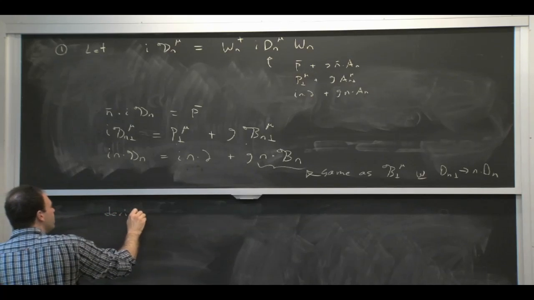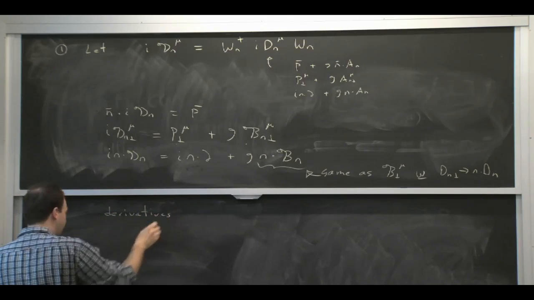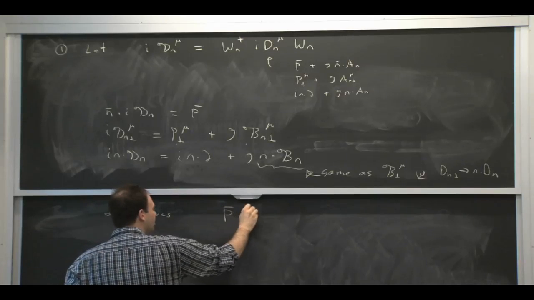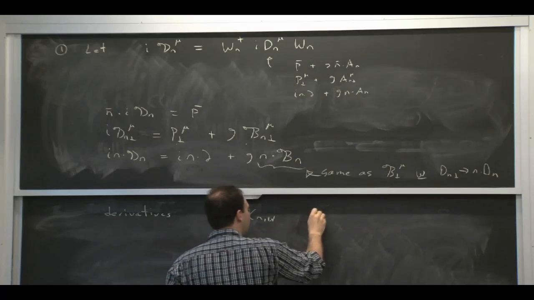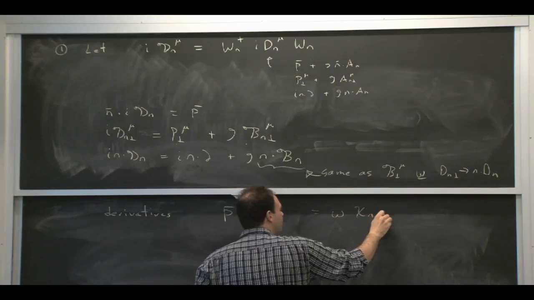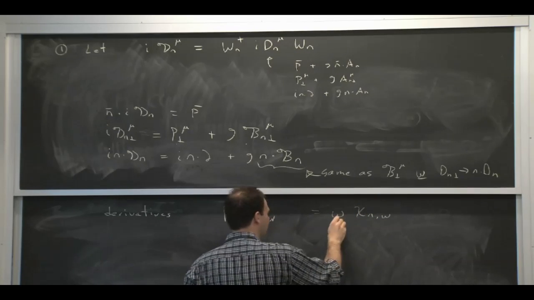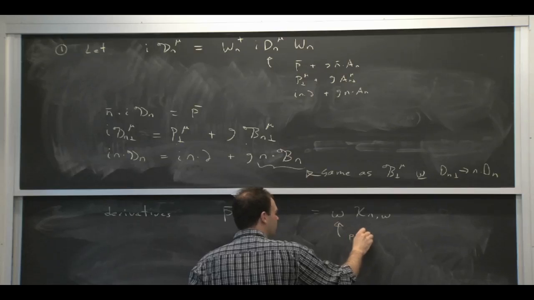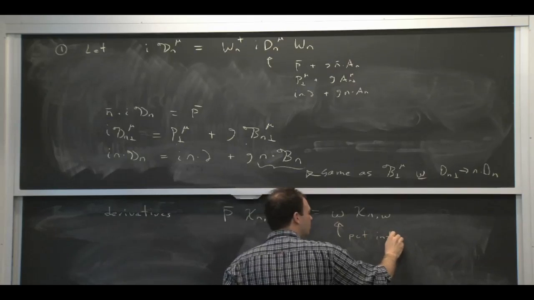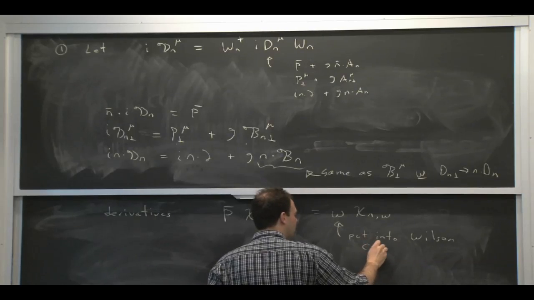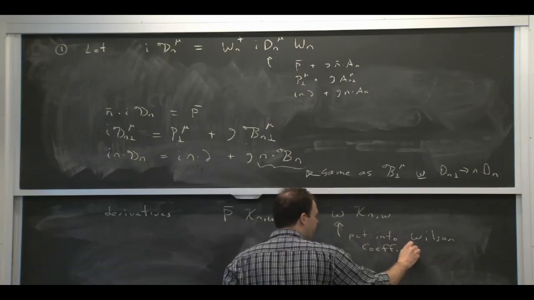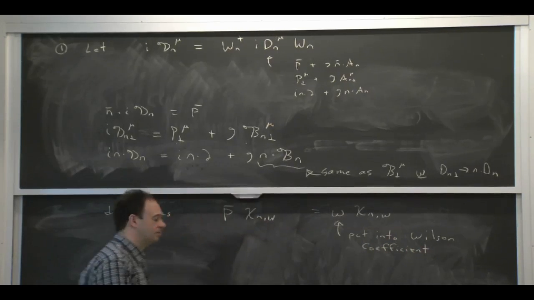The derivatives that are P bars, those just go into the Wilson coefficient. So if we had P bar chi_n comma omega, for example, then that's omega chi_n comma omega, and this is put into the Wilson coefficient. So that's why we don't have to worry about having P bars. In some sense, we do have P bars. They're all in the Wilson coefficients.